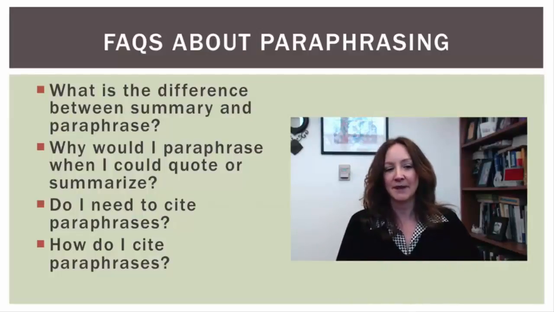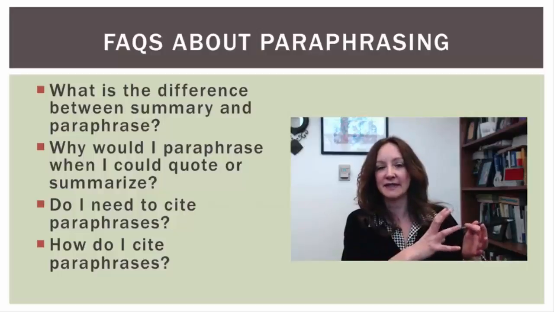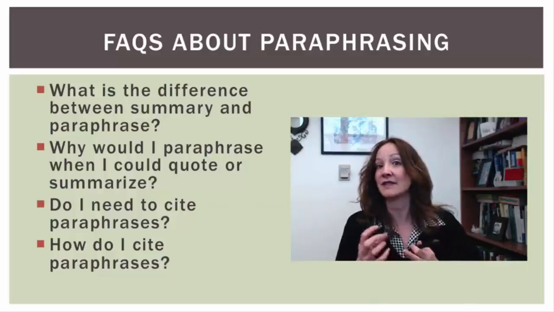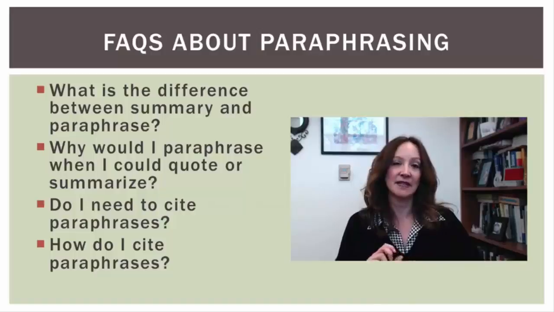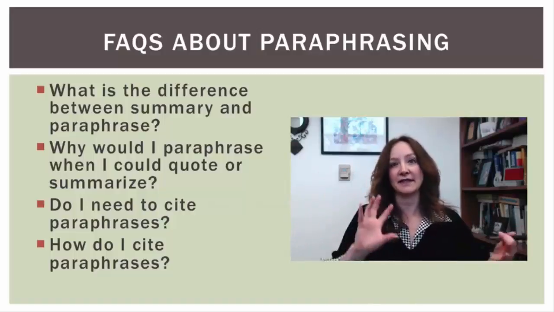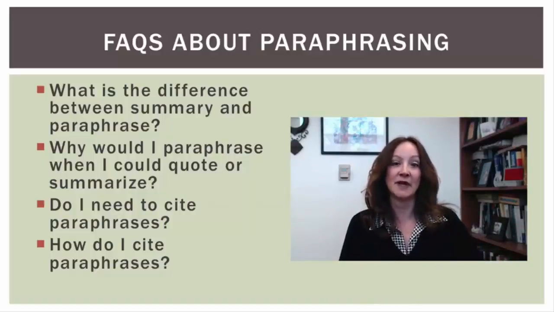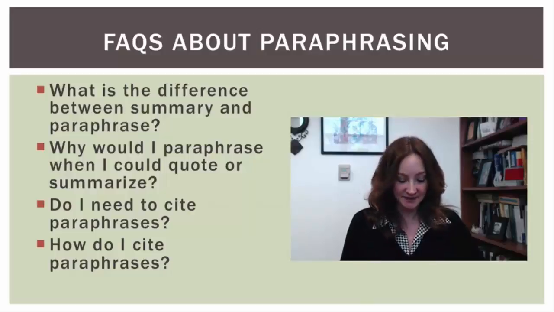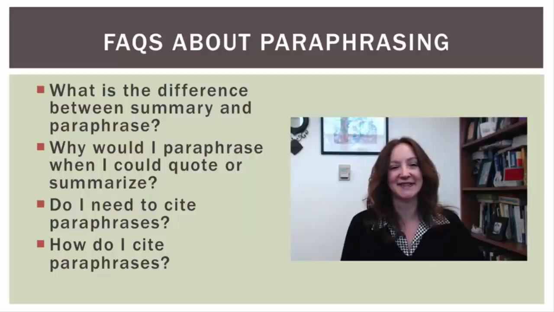So you could take an idea from a sentence and turn it into your own sentence, and you still cite it. Summary would be if you take an entire book and condense it into a summary of a paragraph or a sentence. Do you need to cite paraphrases? Yes. A lot of students are confused about that, so I wanted to emphasize that.